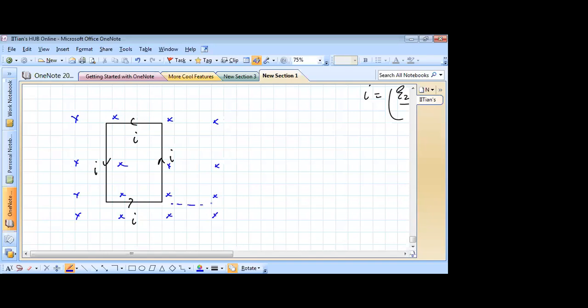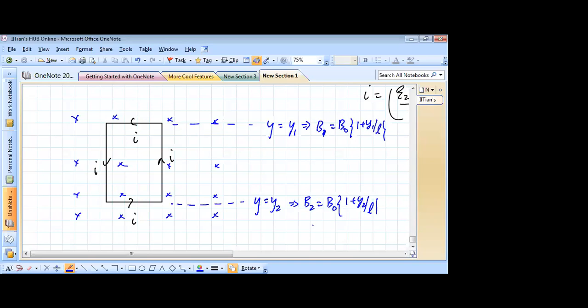This is y equal to y2, so the magnetic field B2 here is B0 times 1 plus y2 by L, and this is y equal to y1. So the magnetic field B1 is equal to B0 times 1 plus y1 by L.